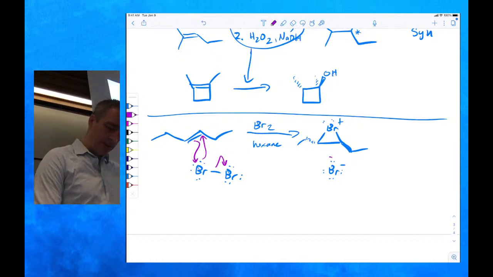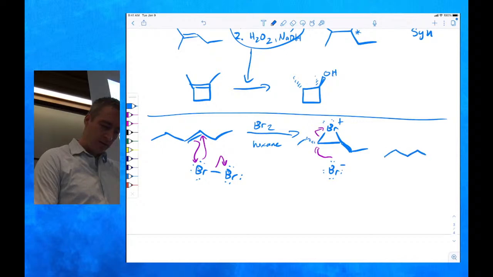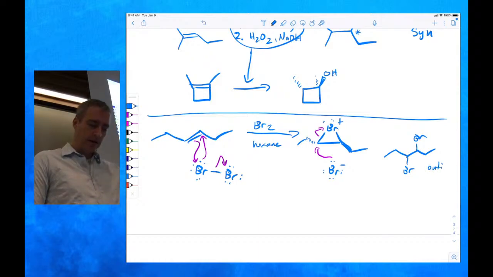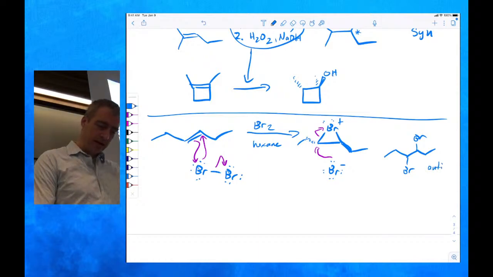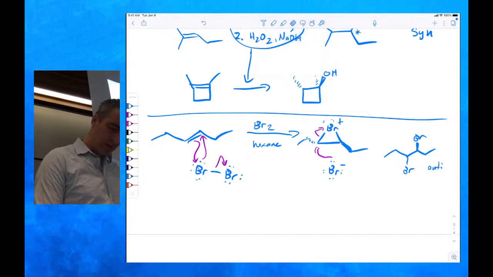And so what happens is this can react with one side, and you get Br on one side and Br on the other, and the addition is always anti. Okay, so the way this would react is, I guess, this would be coming forward, and then this one would be going back.